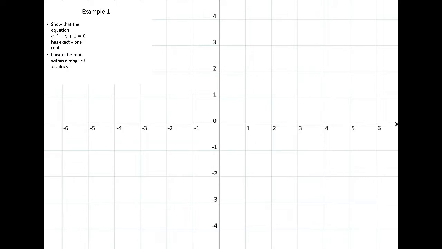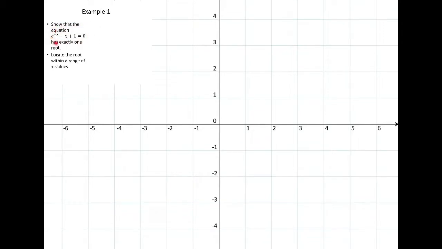Okay, let's do this example 1. It's in your notes in the Brightspace, and the first thing we do is we have to rearrange this equation here. You can see this is difficult to solve using factorization, and it's difficult to plot as it is.